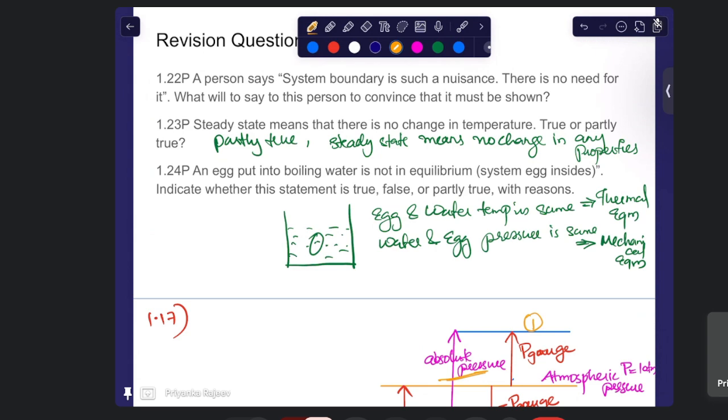Cooked means denaturing of protein is happening. That is why the liquid inside the egg changes into a hard substance. Denaturing of protein means there is no chemical equilibrium, so the chemical composition is changing. That means the statement that an egg put into boiling water is not in equilibrium is true.